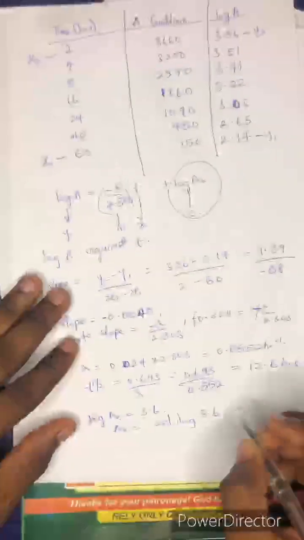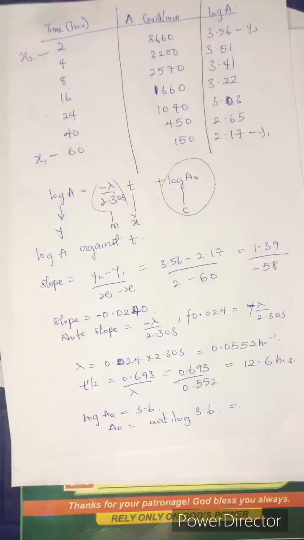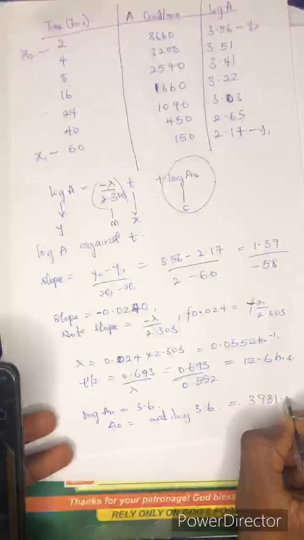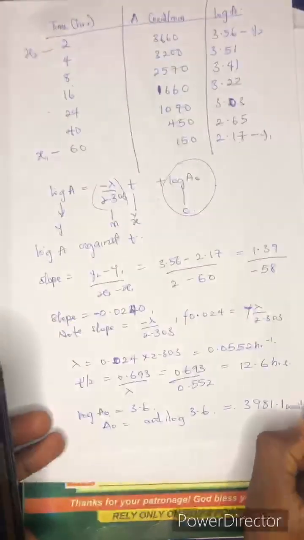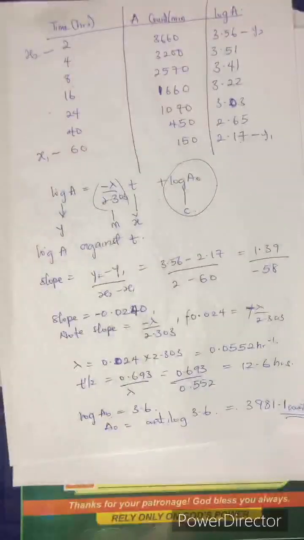That should give you your initial, which is 3981.1 counts per minute. So this is your initial. So that's all. Are we there? That's what they asked you to solve.